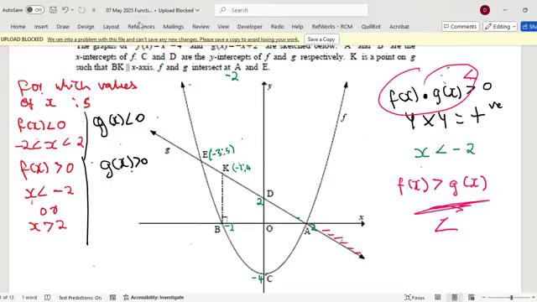So you should understand. It should make sense. So can I do it like this? Let me just say f of x, but I'm going to say less than. F of x is less than g of x.